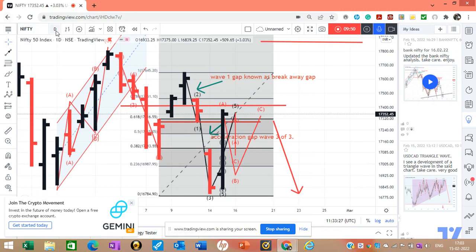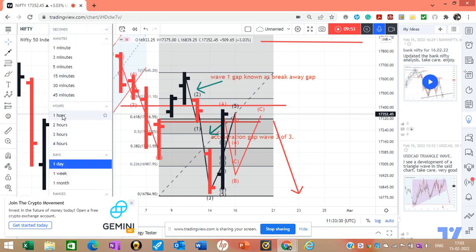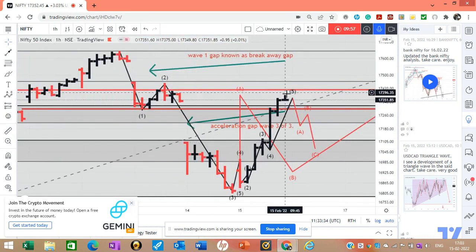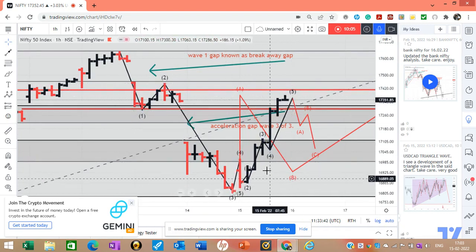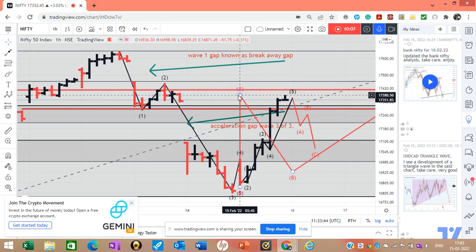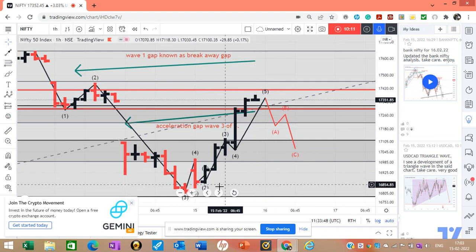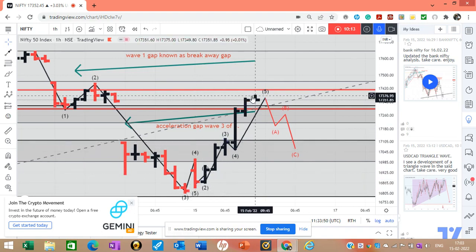But on a smaller time frame, things are different. On an hourly time frame, I see wave 4 coming within the price action of the first wave, and therefore that negates this wave as a fourth wave. So this is an alternative count which I am having in my mind: one, two, three, four, and five.